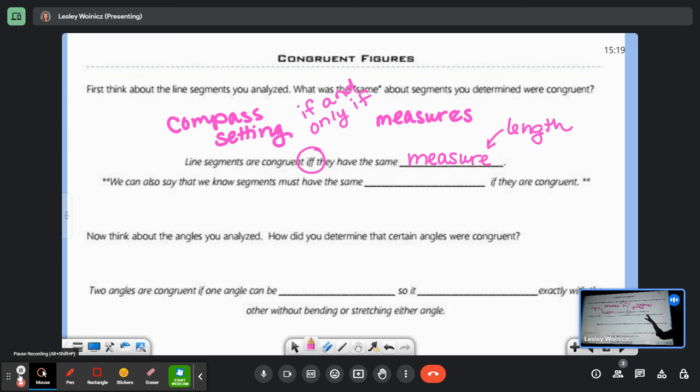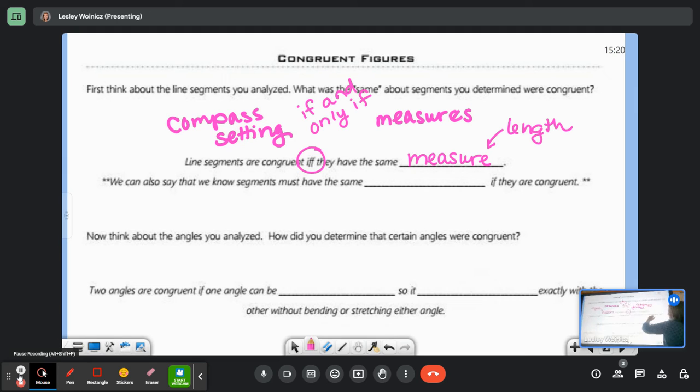So we can say that line segments are congruent if they have the same measure. We can also take segments that have the same measure, and then we can conclude that they are congruent. So if we know they're congruent, we say that they have the same measure. If we know they have the same measure, we can conclude that they are congruent. That is a very powerful tool.